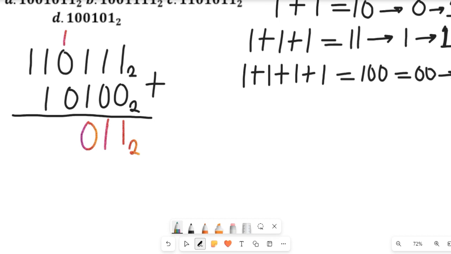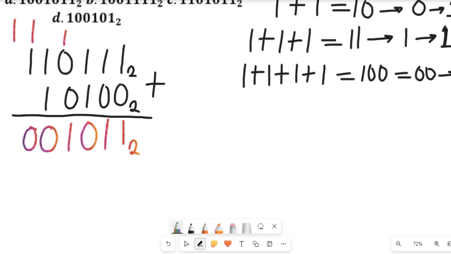That will now give us 1 plus 0 is 1. Now 1 plus 1 is still going to give us 10, so we'll write 0 and carry 1 to the next column. In the next column, we still have 1 plus 1, and that gives us 0. We'll carry 1 to the next column.